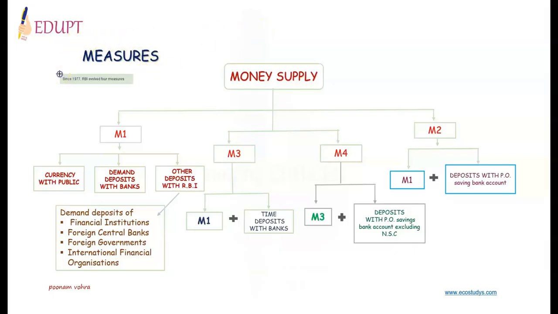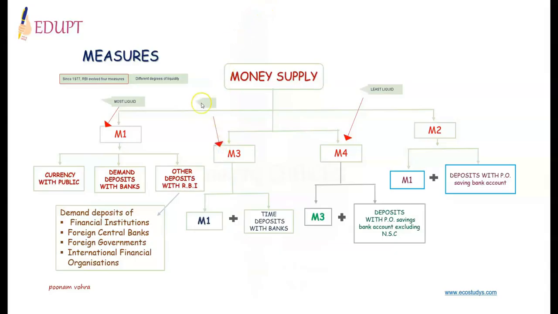Since 1977, RBI has evolved 4 measures of money supply. These represent different degrees of liquidity. M1 being the most liquid and M4 being the least liquid form of money.